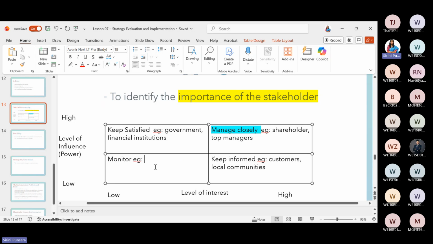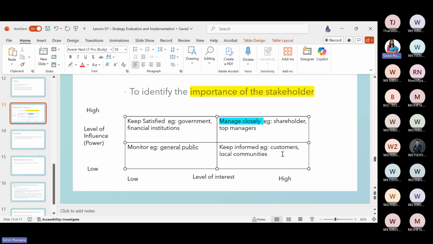Here we normally have the general public, that means simply society, apart from customers. These are the examples, and this is how we can categorize stakeholders based on level of influence, which is called power, and level of interest. Based on that, we can identify the importance.